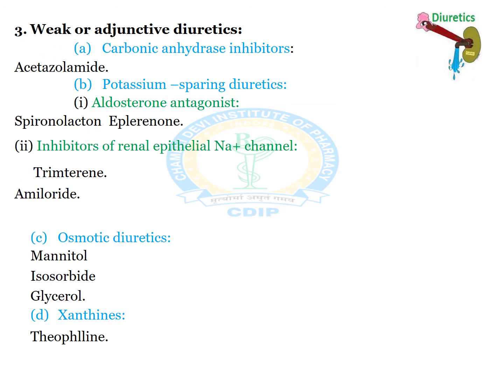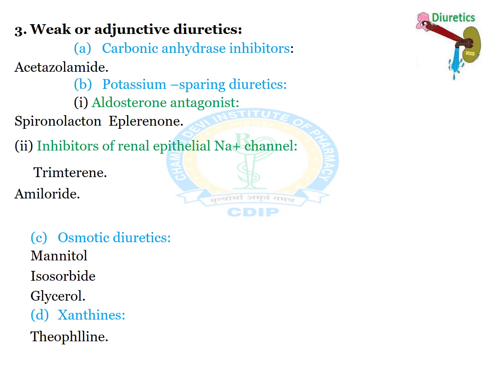Under weak or adjuvant diuretics, there are several subdivisions like carbonic anhydrase inhibitors, acetazolamide, and potassium sparing diuretics. Under this, two subdivisions are present. One acts on aldosterone to block it.